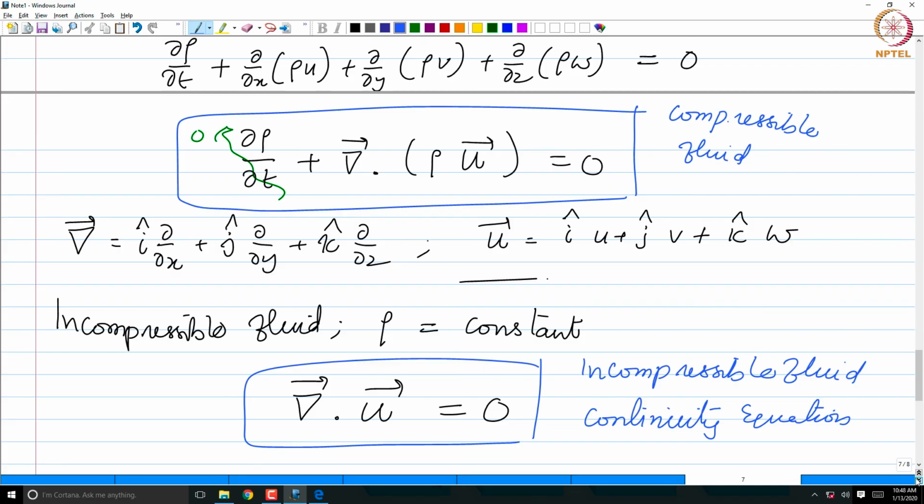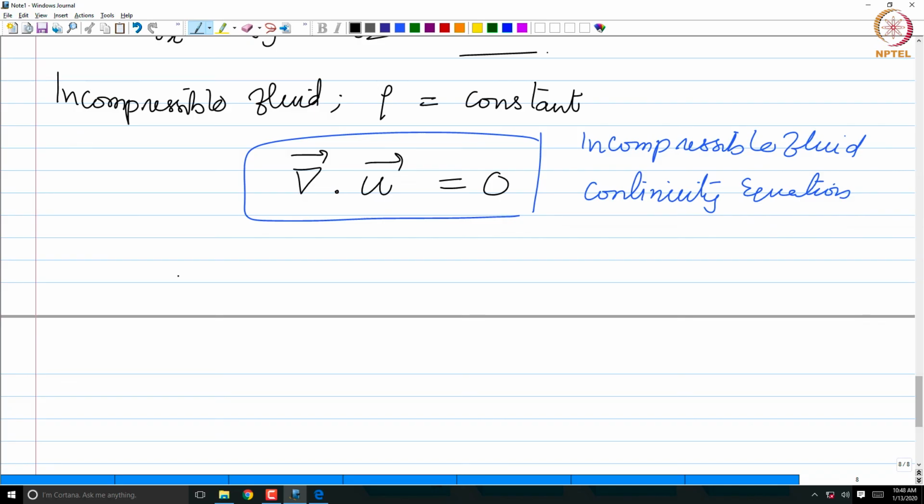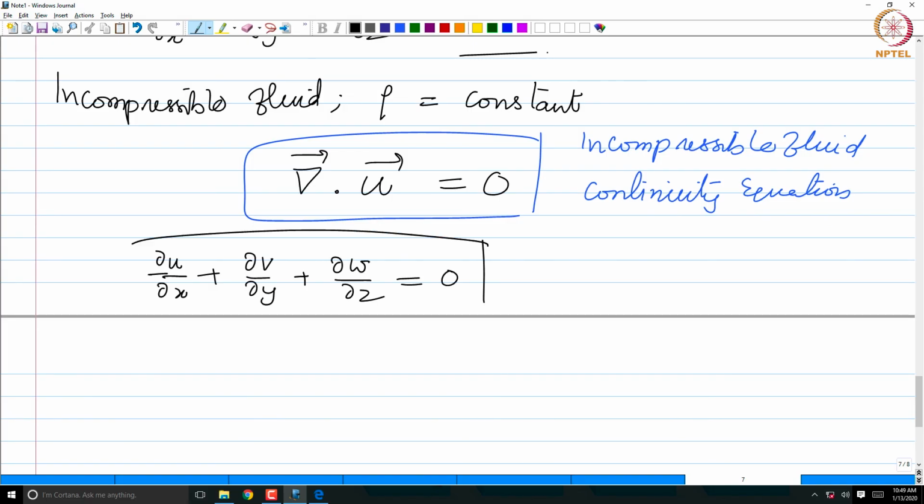That's why it's a continuity equation. In long form, this would be partial u by partial x plus partial v by partial y plus partial w by partial z equal to 0. So this is your continuity equation in long form.